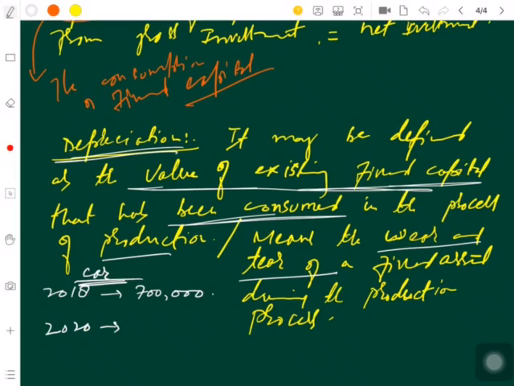So I'll have to give away how much? 20% of this 700,000. It will be worth less than 700,000. This 20% is deducted as depreciation charge. So this 20% would mean 70,000 plus 70,000 is equal to 1,40,000.